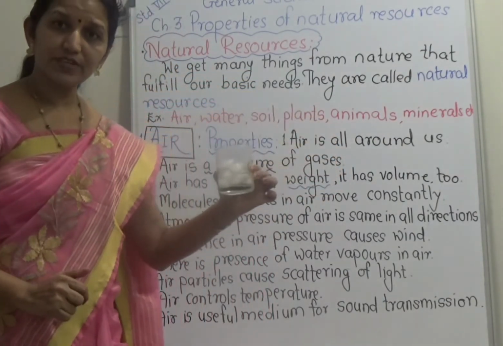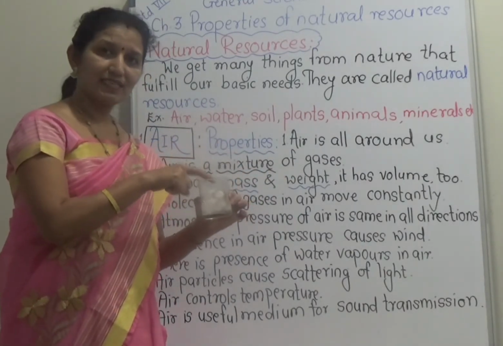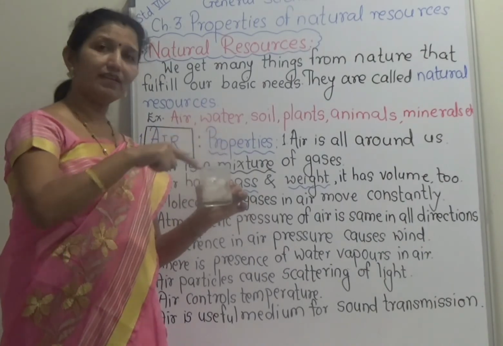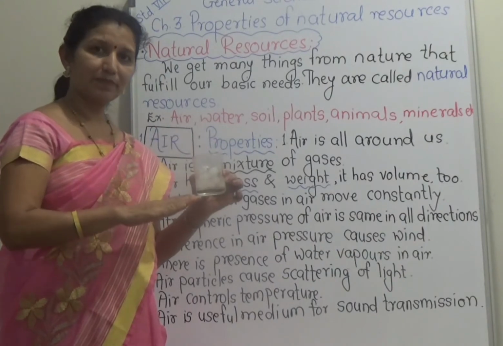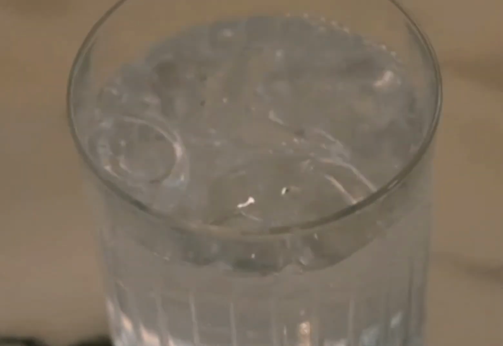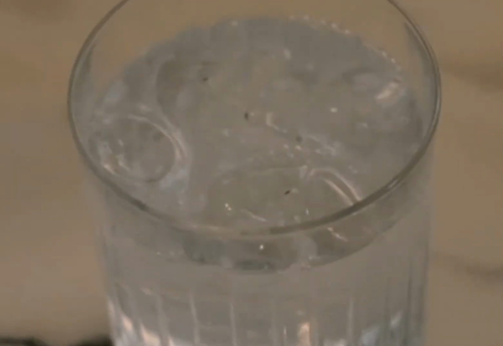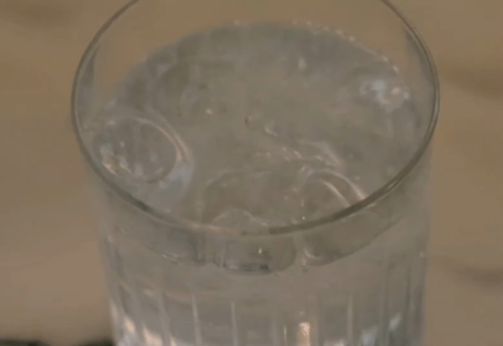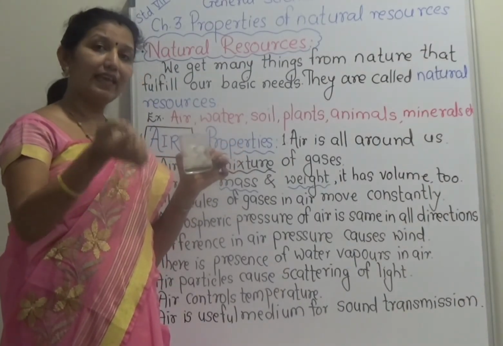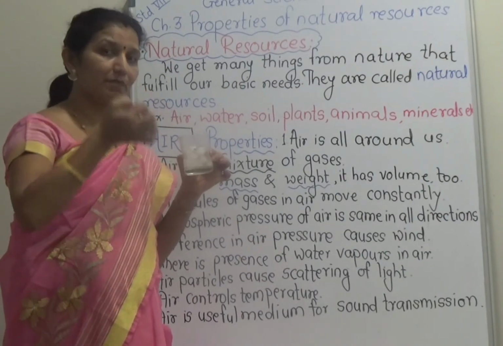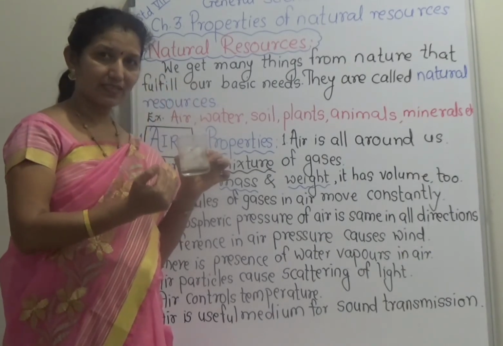Why are there these water droplets? Because of this ice, the surrounding temperature of that air lowers down, it cools down, and because of that, there is condensation of water vapors present in air. From vapors, they are converted into water droplets, gas to liquid.